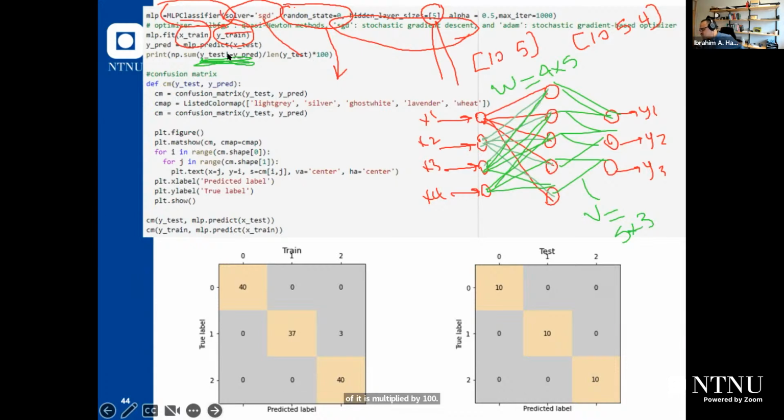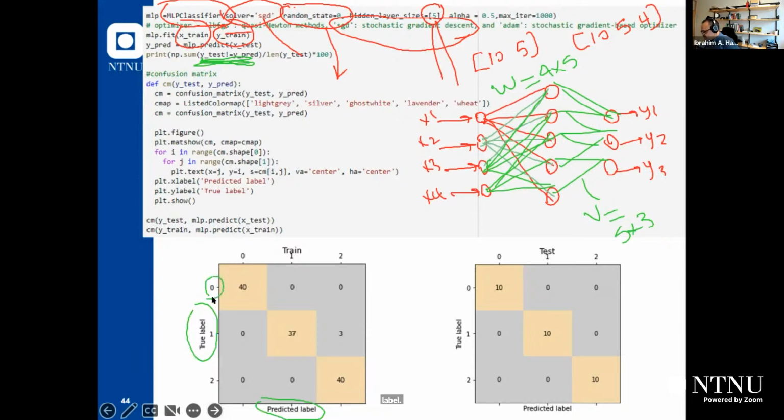If you want to plot the confusion matrix, we need to get the confusion matrix for Y test and Y predict, right? And after that, you can just plot it, correct? So we will get the confusion matrix here for the train and test. So this is the predicted label, and this is the true label, for example. I have 3 classes.